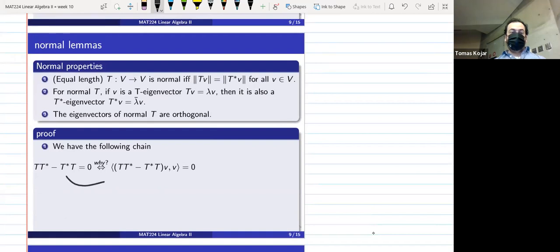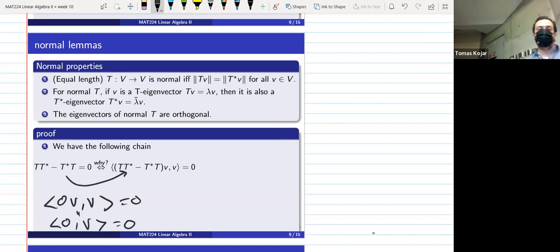Then going from here to here, I think it's clear because 0 with V, V being 0, is true because this is always true. 0 is orthogonal to everybody. But the other way is trickier, and I hope today I will explain it.